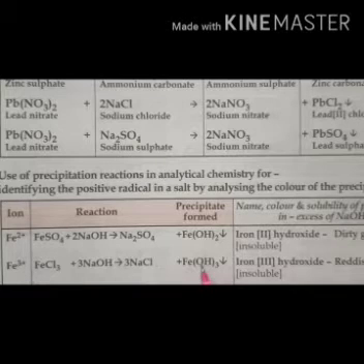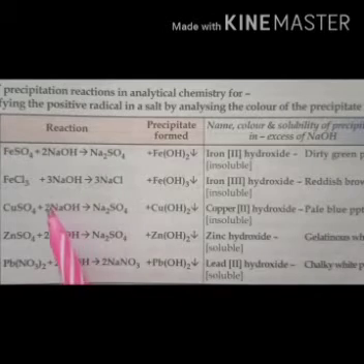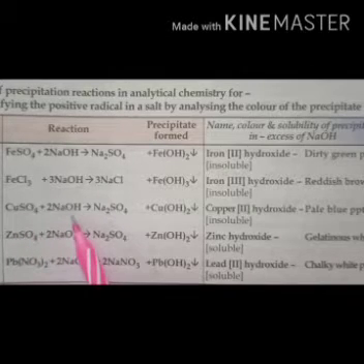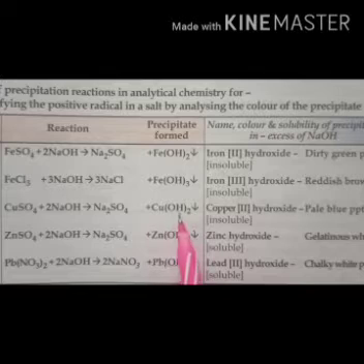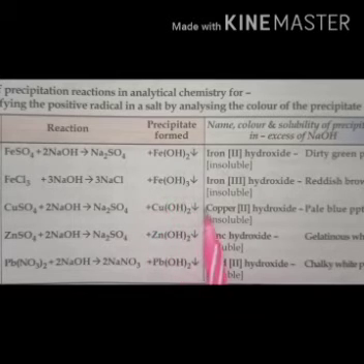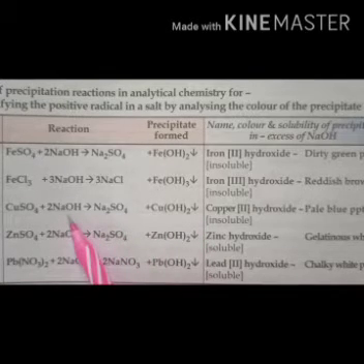Reddish brown. And what is the color of iron 2 hydroxide? Dirty green. Now next is your copper sulfate. When it reacts with sodium hydroxide, it gives sodium sulfate and copper hydroxide, and you get a pale blue precipitate of copper 2 hydroxide, which is also insoluble in excess of sodium hydroxide.